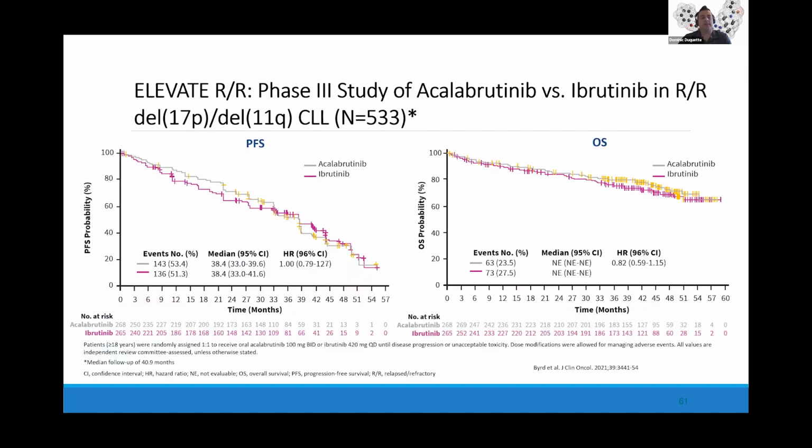The study showed it was a non-inferior study, and they both came out at a median PFS of 38.4 months, hazard ratio of 1. So there is no difference in efficacy between the two, and none for overall survival either.